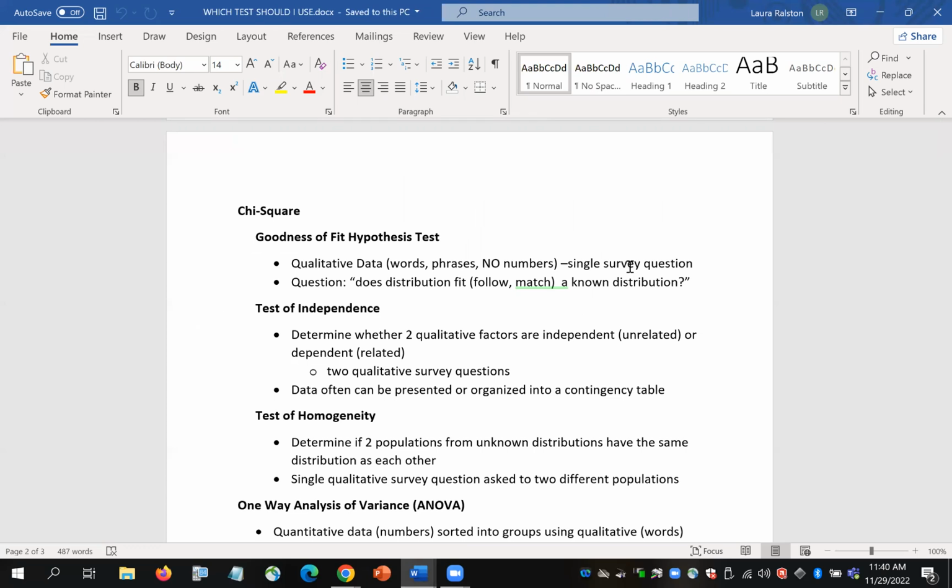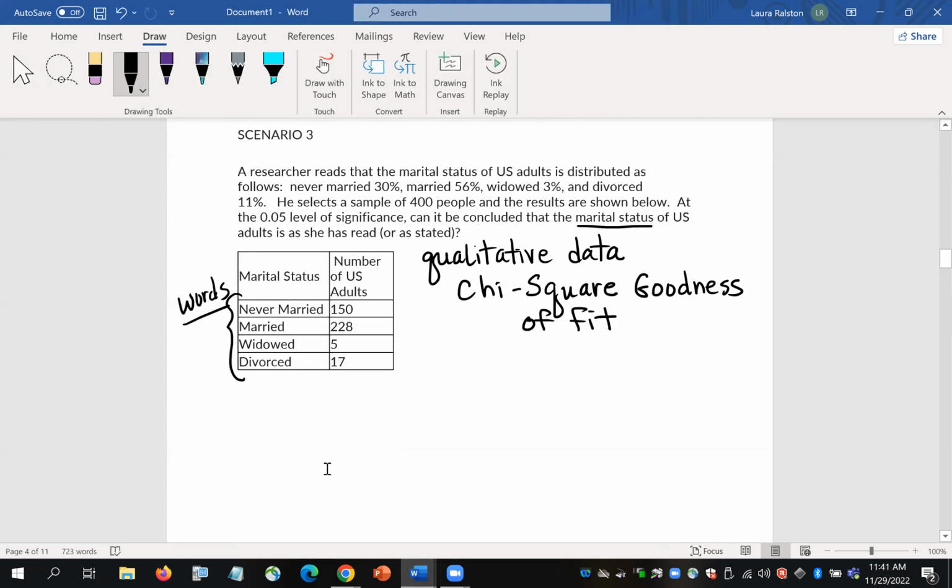So that's one question. And the question usually says, does the distribution fit, follow, or match a known distribution? To do a test of independence or homogeneity, you have to have two variables or two factors. Since we only have one, that pretty much defaults us to goodness of fit.